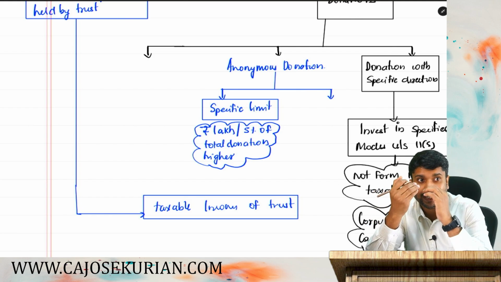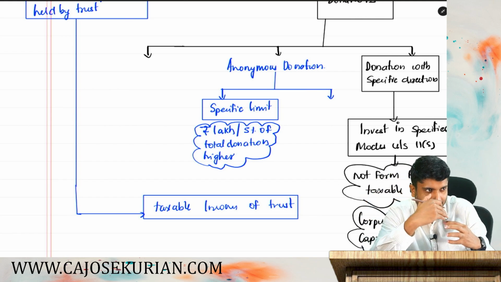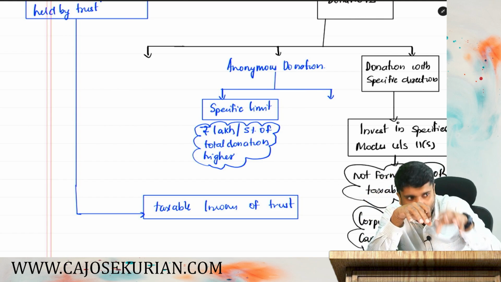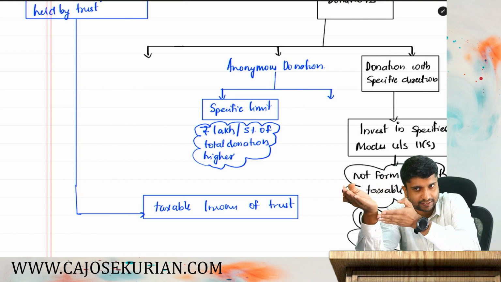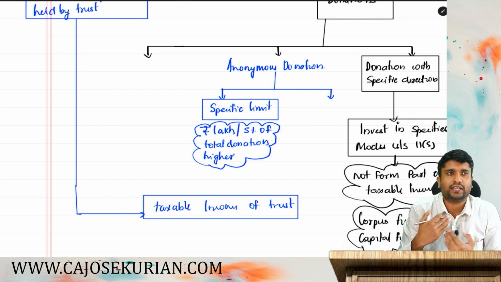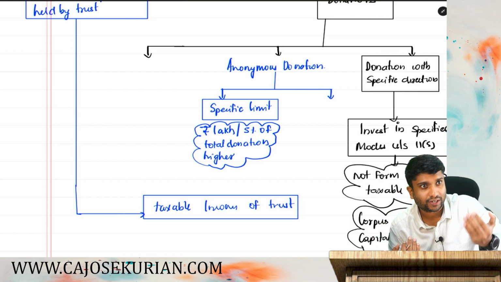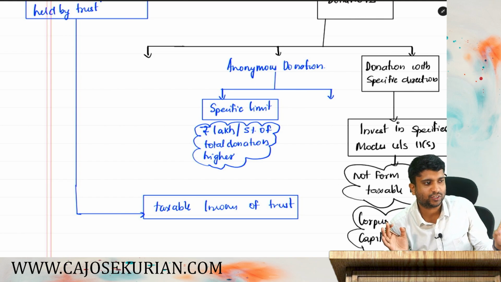Normally the donee, the trust, has to collect a copy of his PAN, address, and name, and file a form saying this is the donor, this is his name, this is his PAN number, this is his address. There is a legal formality when you are accepting a donation. But in this case, the donor doesn't want to disclose his name.